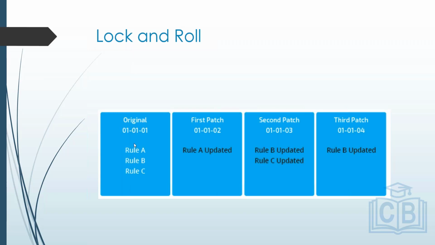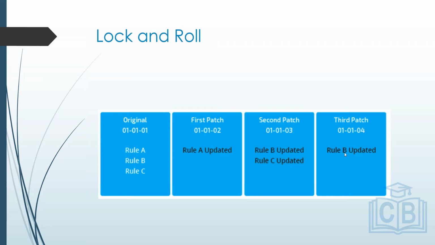I did not touch those rules. Now there is one more version, 01-01-03, where I've updated Rule B and Rule C. Then on the third patch, 01-01-04, Rule B is updated again.